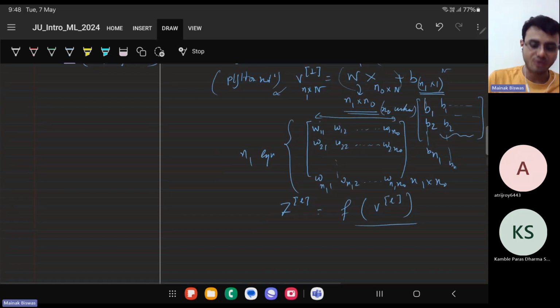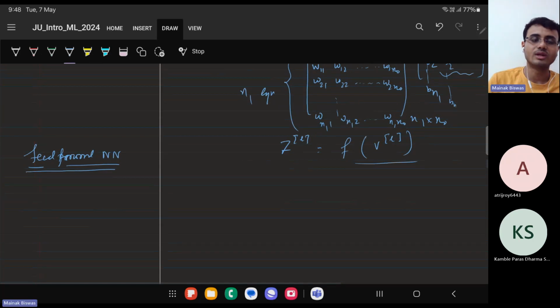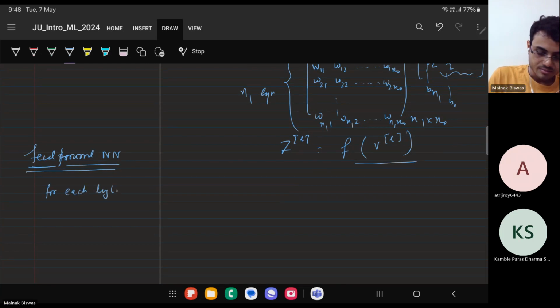So your feed-forward neural network, what will this be? For each layer L, tell me what you will do.